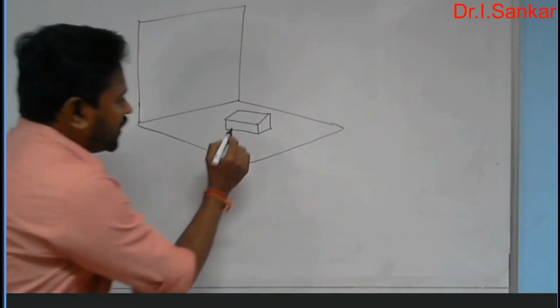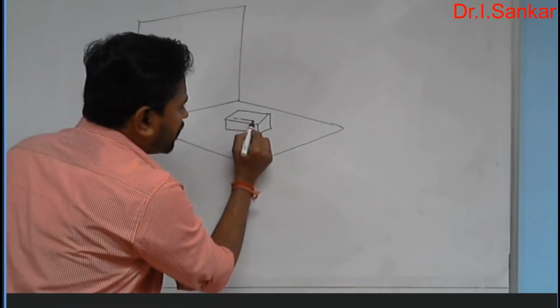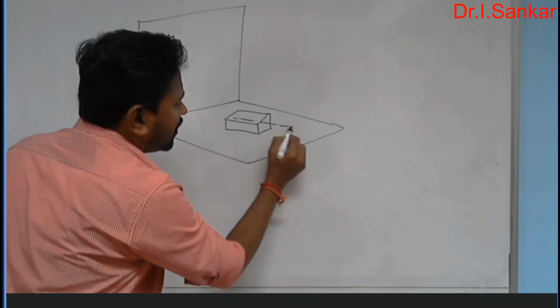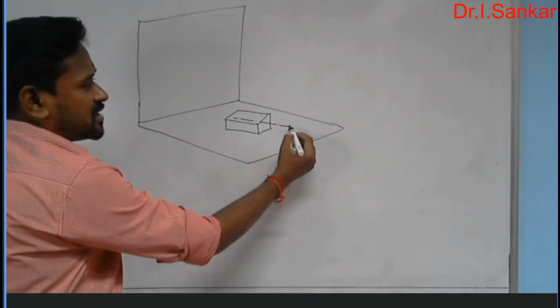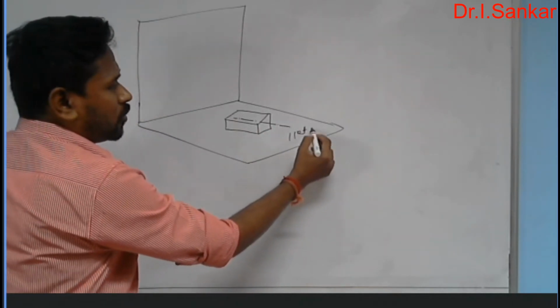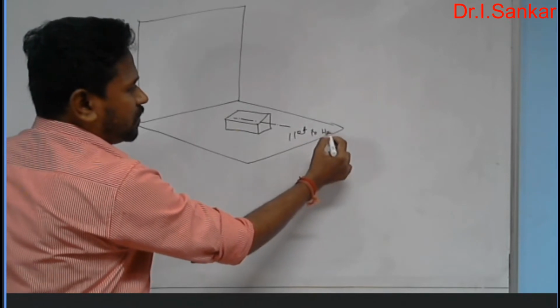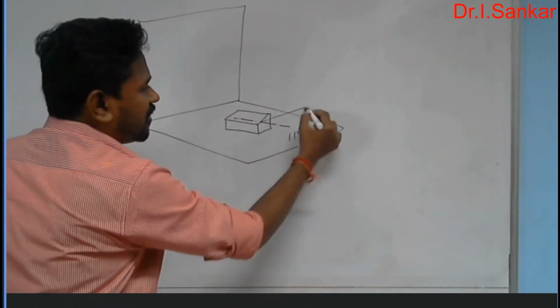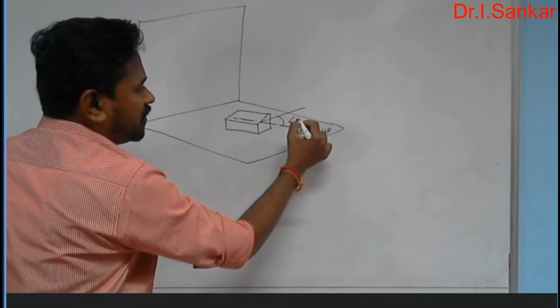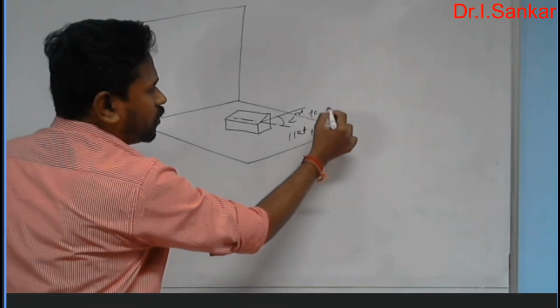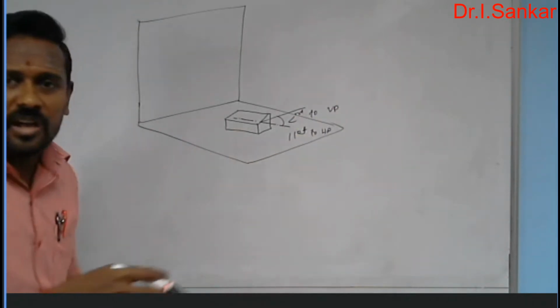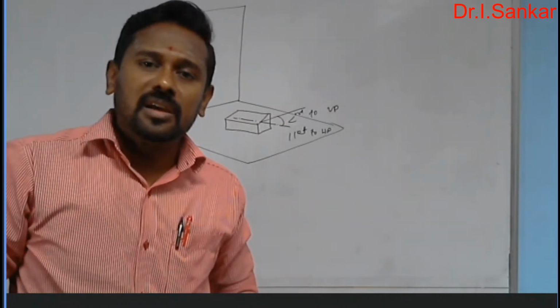For your reference, I am highlighting the axis. The axis is parallel to HP and it has inclination with VP, inclined to VP. So in this way, the solid is simply lying on the horizontal plane.